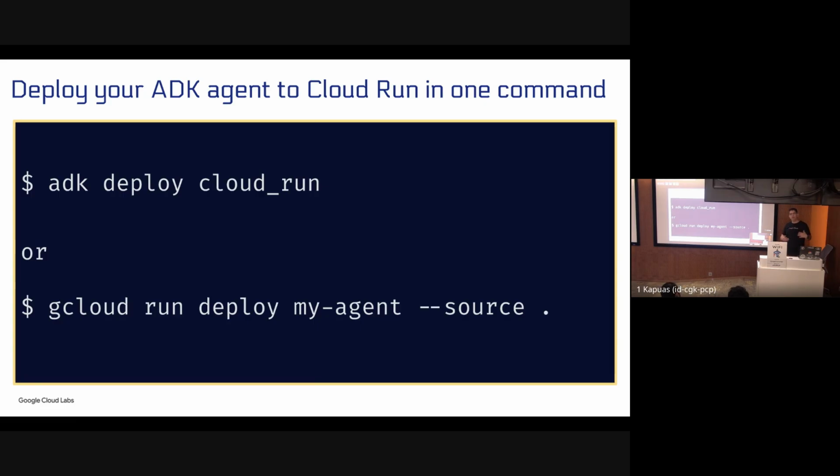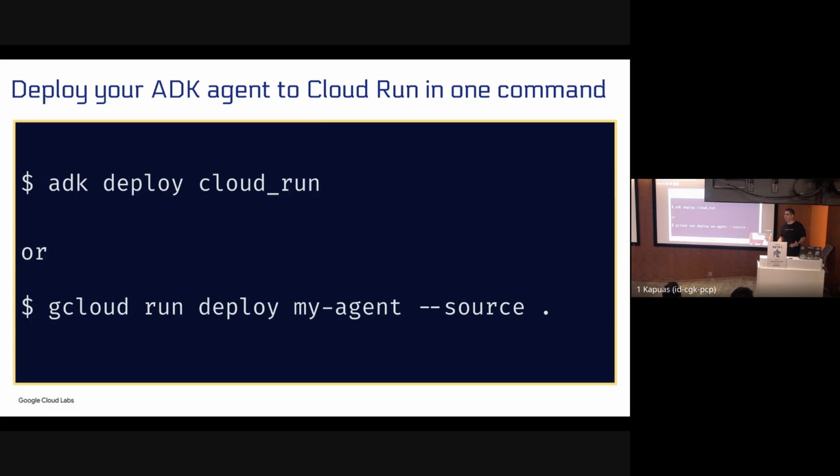Or if you're already using Google Cloud and the gcloud CLI, you can call gcloud run deploy and point it to your ADK source code, and it will package it, build it and deploy it. So with a single command, you get from local code on your machine to something that's scalable, that's secure, and is a publicly available endpoint.